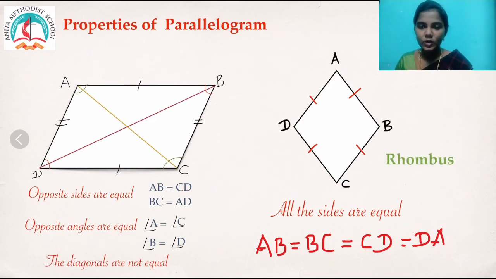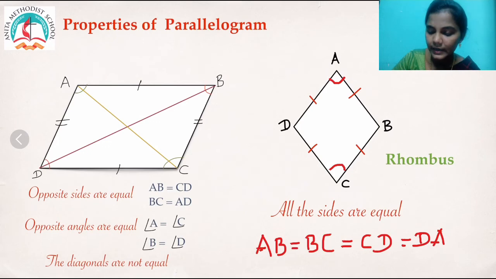Rhombus is also a parallelogram, but the only difference is in the parallelogram the opposite sides are equal, but in rhombus all sides are equal. Then what about the opposite angles in the rhombus? In rhombus the opposite angles are equal.